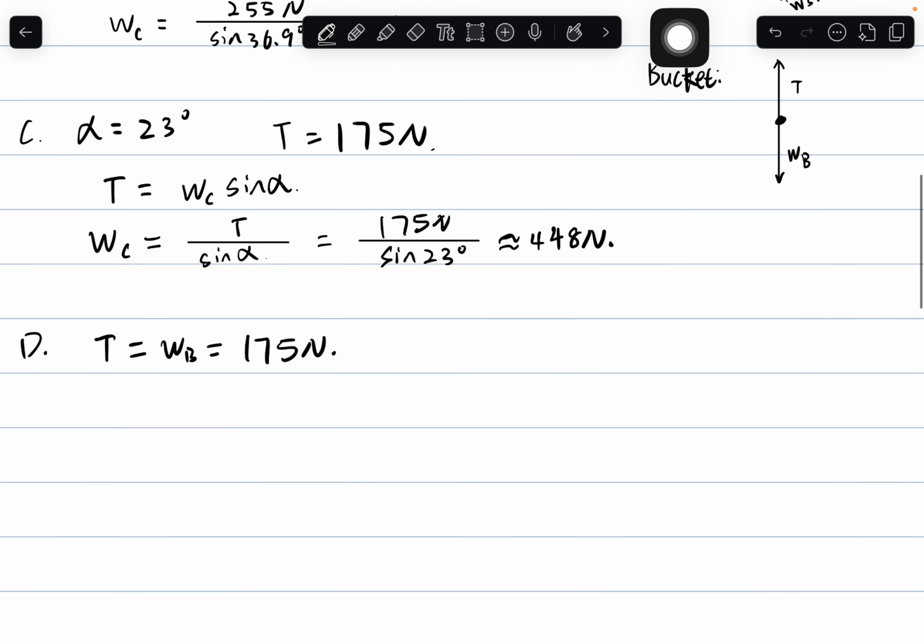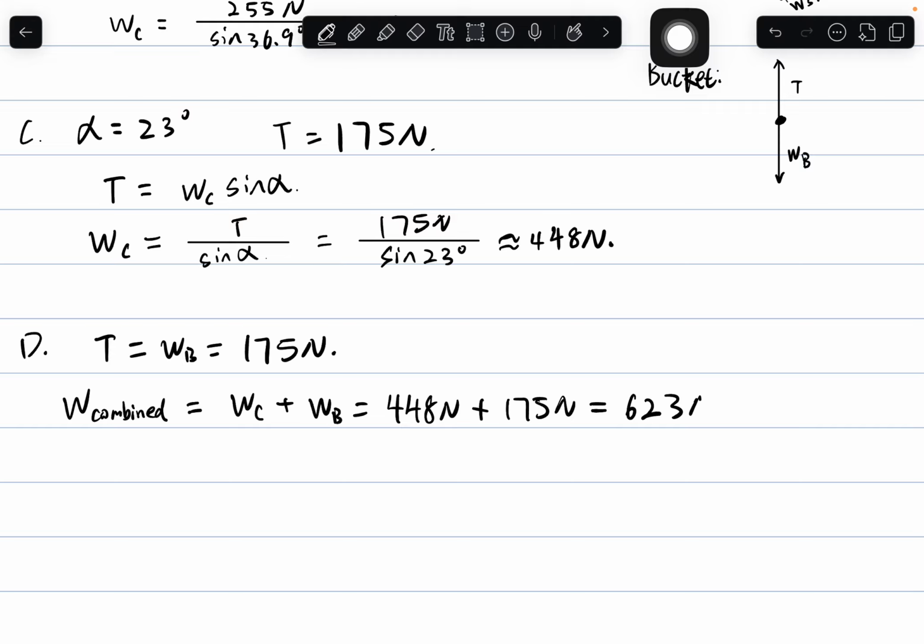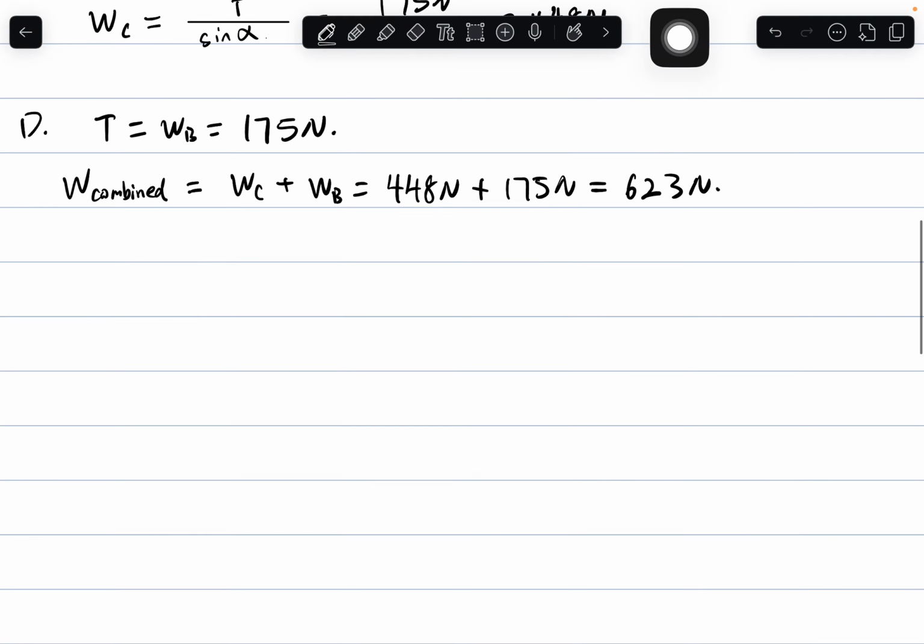So the combined weight equals the weight of the cart plus the weight of the bucket, which is 448 Newtons plus 175 Newtons, equal to 623 Newtons. So that's part C and D.